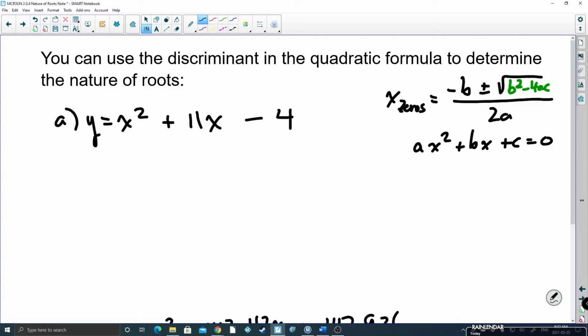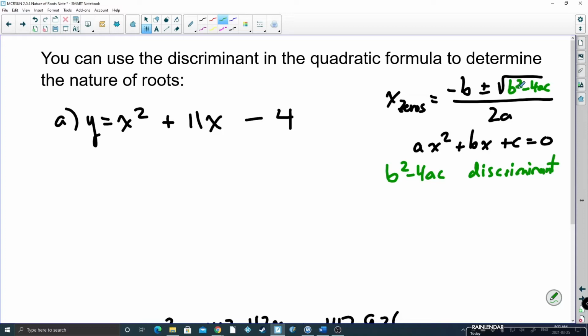Okay, now the green part, the b squared minus 4ac, is called the discriminant. And the discriminant is an extremely important part of this equation because it's under a square root. And because it's under a square root, if you ended up with a negative number under the root, you can't square root a negative number unless you go into the complex domain.